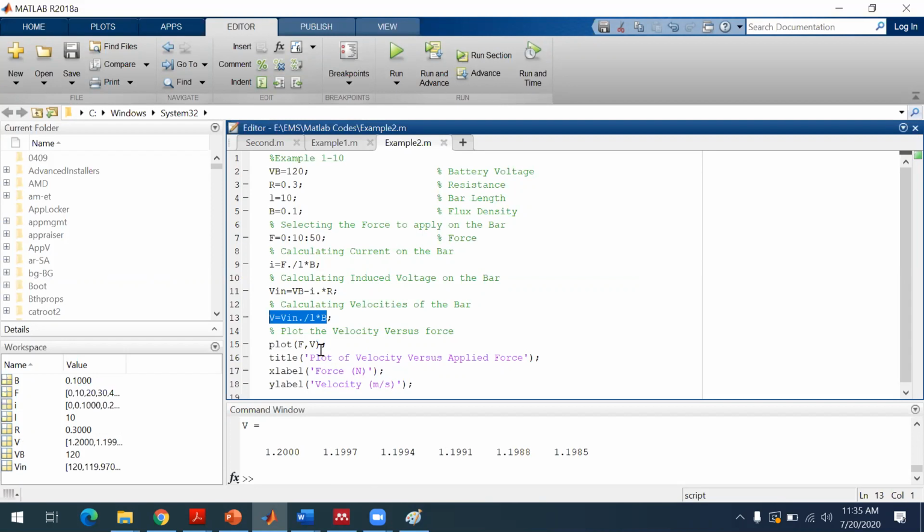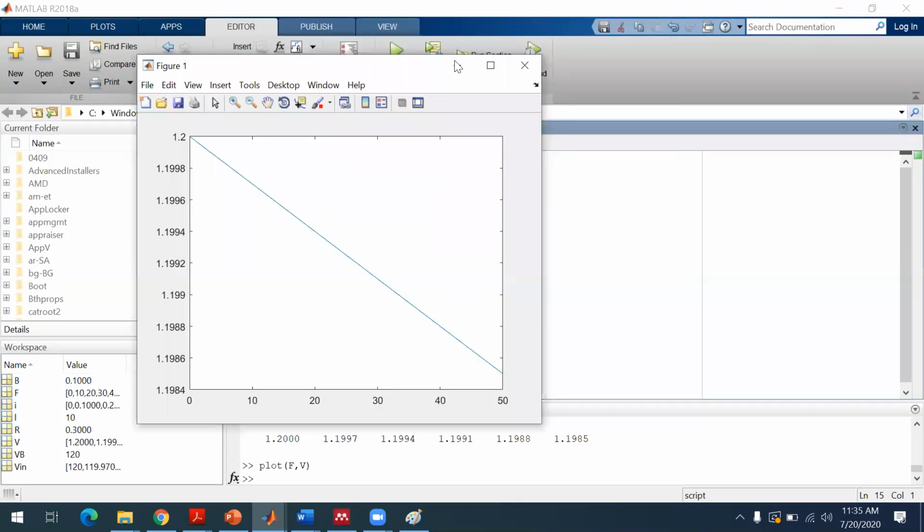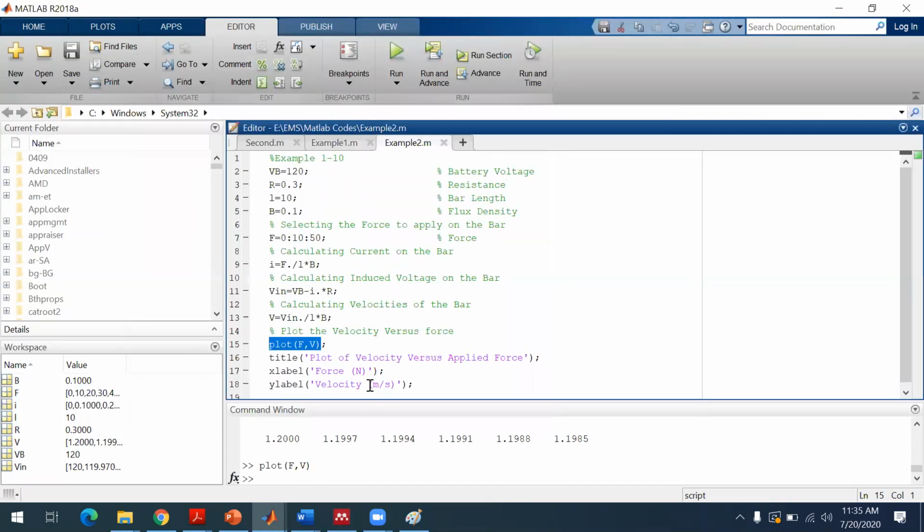So now let's say we plot it. This is the plot. Let's make it a bit stylish. Obviously we have to add some plots.